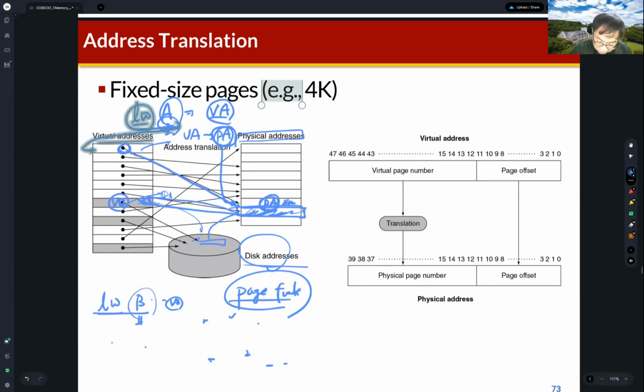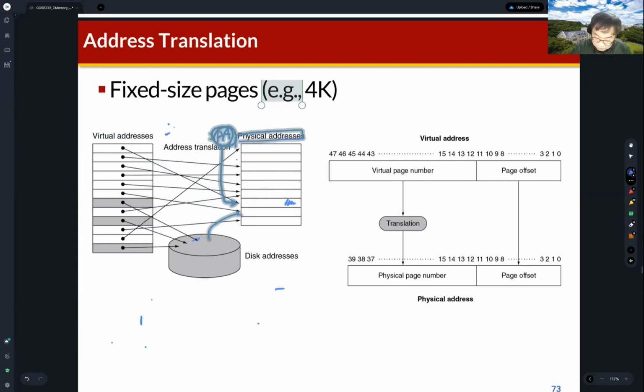So then what is required? When I explain how the virtual address is translated into the physical address, right? So the required operation is the virtual address translation into physical address.